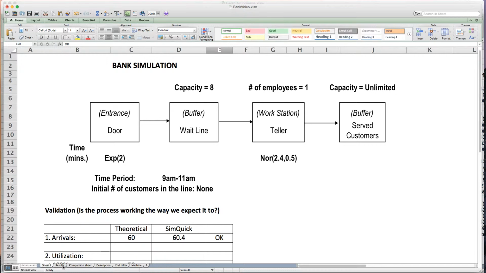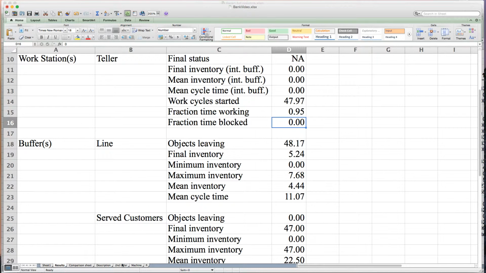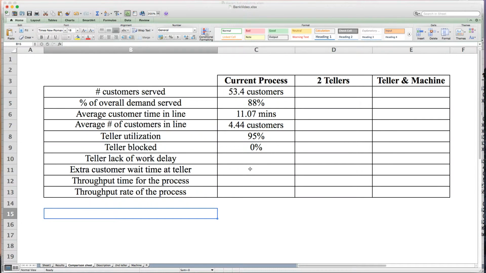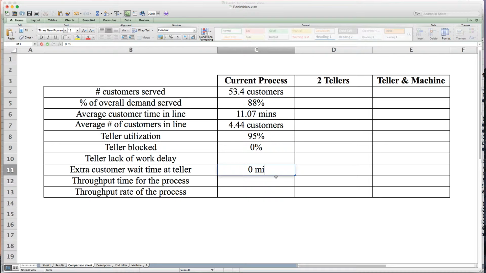Now as a result, because the blocking time is zero, remember that relationship between blocked time for the employee and extra time for the customer at that station or at that activity. So once this blocking time is 0, this should be 0 too, which it is in this instance. So let me pop in and put this here before I forget. And now let me return up here.